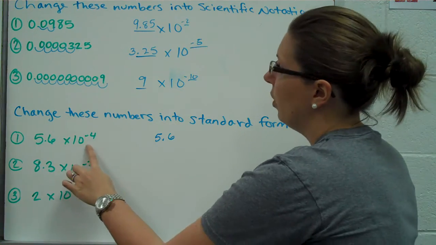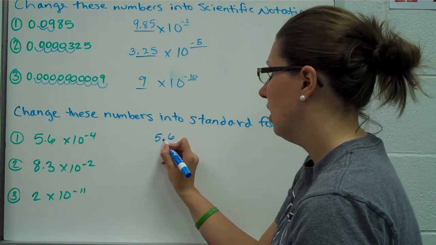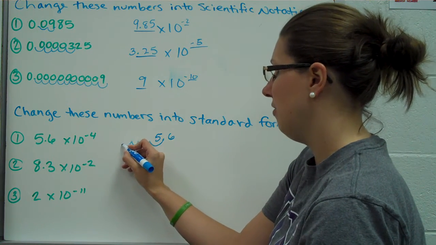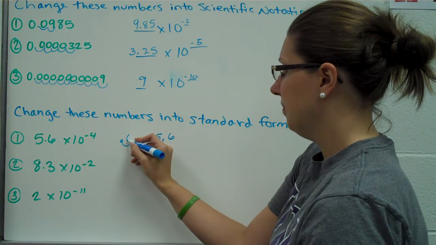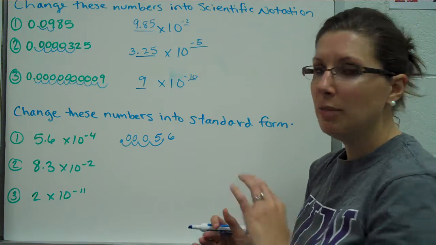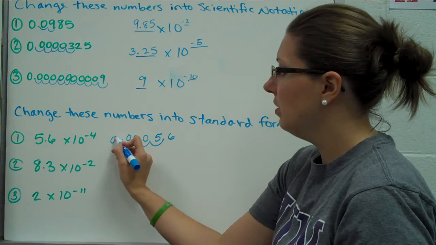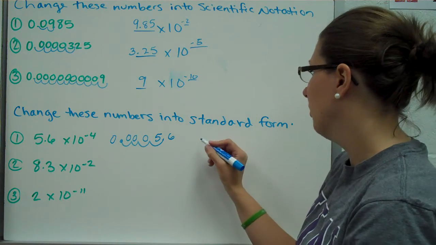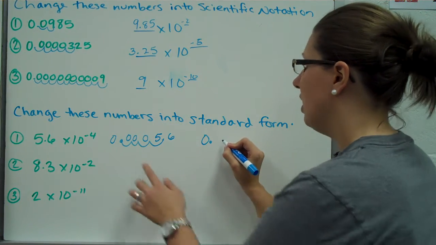So I'm going to move 4 places to the left. Start with the decimal and move 4 places. 1, 2, 3, and 4. And fill in your zeros. I like to put a 0 in the front of the decimal also, just so you can see, hey, I've got a decimal here, don't overlook it. And here's your new number.